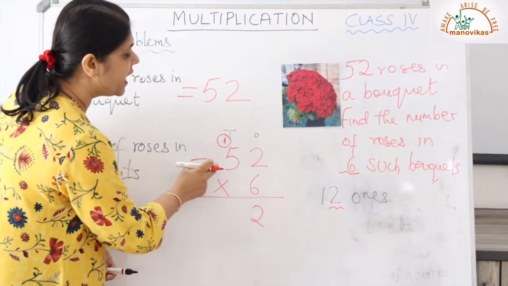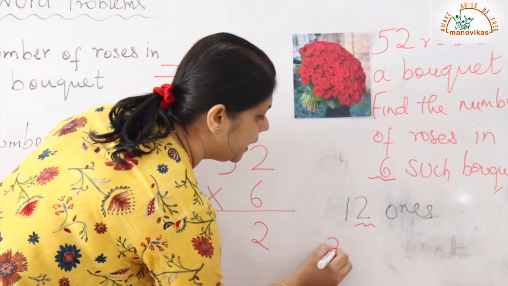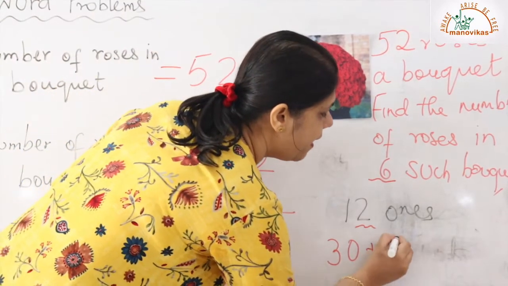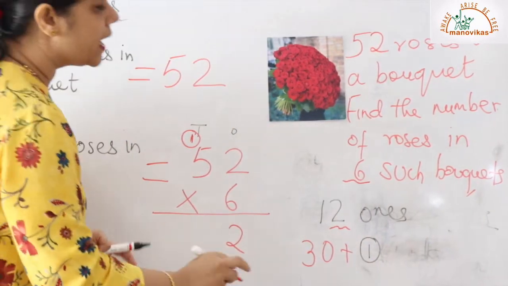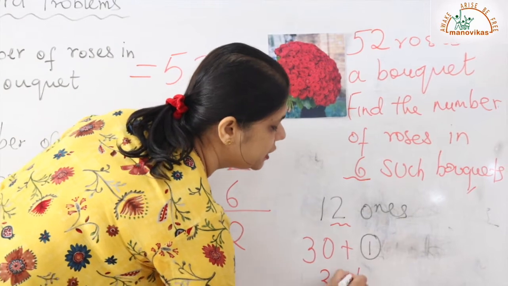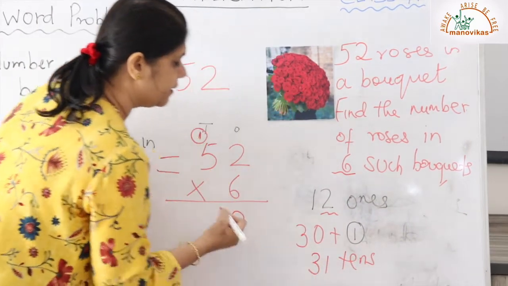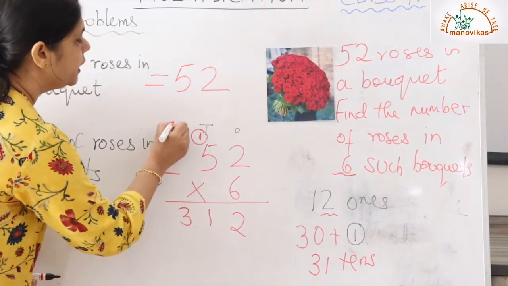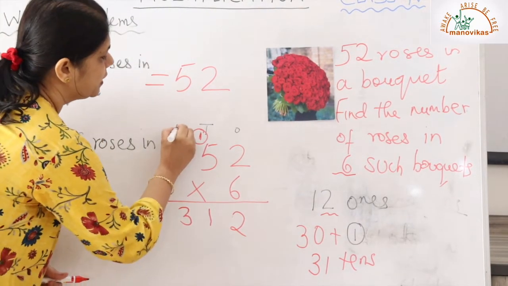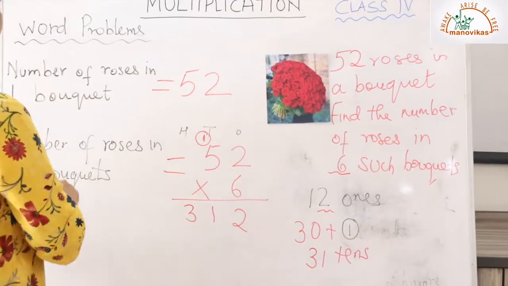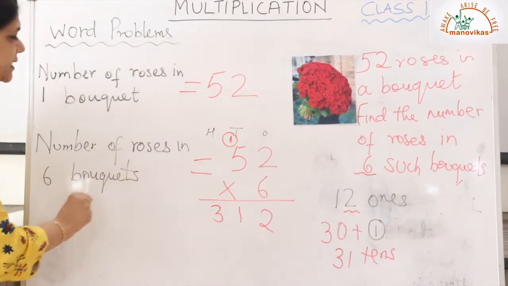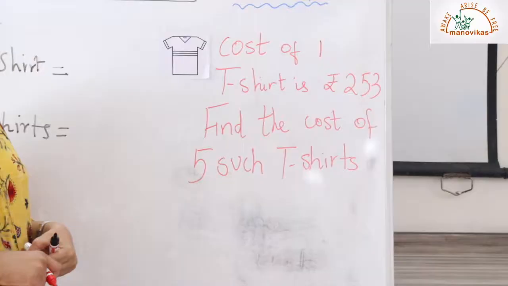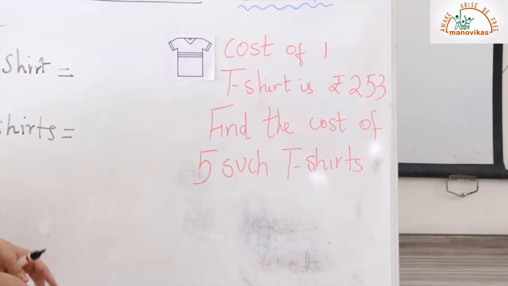Now 6 fives is how much? 30 plus 1 which you have as a carryover. So it will become how much? 31 tens. Now you know how to write this here, right? You will write 1 here and 3 you will carry over to the hundreds column. So the number of roses in 6 bouquets is how much? 312. Now look at the next example.